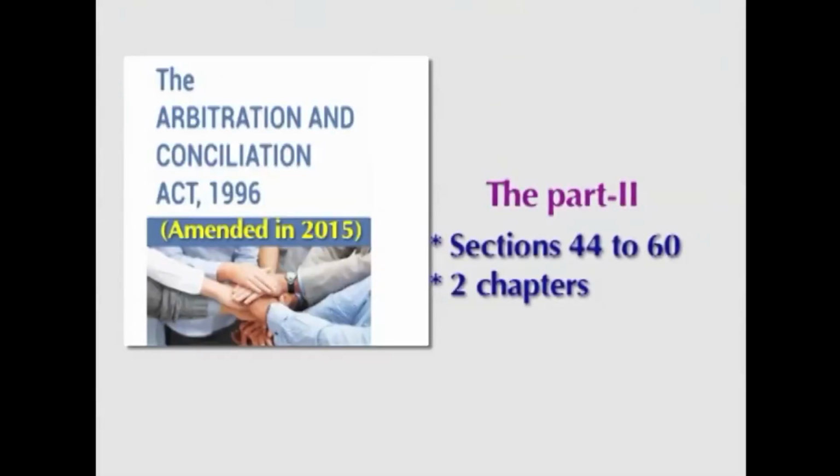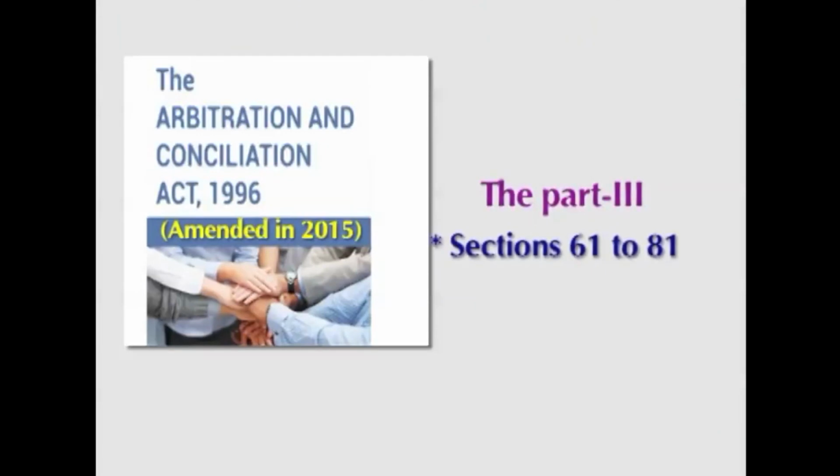Part 2 provides for enforcement of certain foreign awards. It consists of sections 44 to 60 spread over 2 chapters. Sections 44 to 52 deal with enforcement of New York Convention awards, and sections 53 to 60 deal with enforcement of Geneva Convention awards. Part 3 of the Act exclusively deals with conciliation.